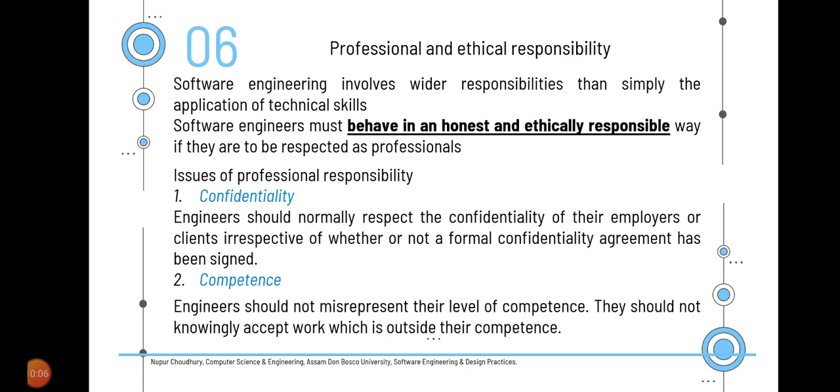Suppose a developer is well versed with development in Java, so he should strictly adhere to his competency level rather than digging into a domain and claiming himself as an expert in that domain related to which he has no professional training or experience.